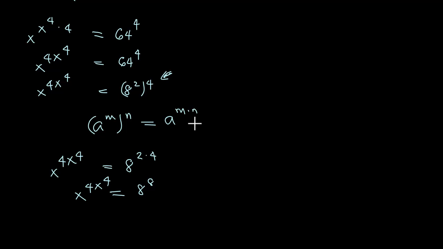The same way we did this here, this power here, we can work in reverse. That is to say, when you have a raised to power m times n, you can express that as a raised to power m, then raised to power n.